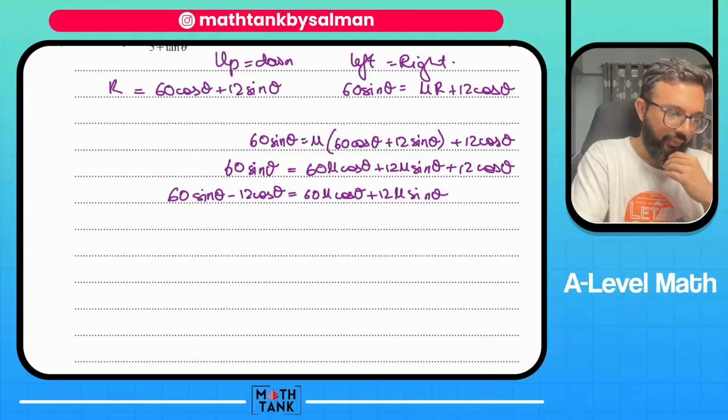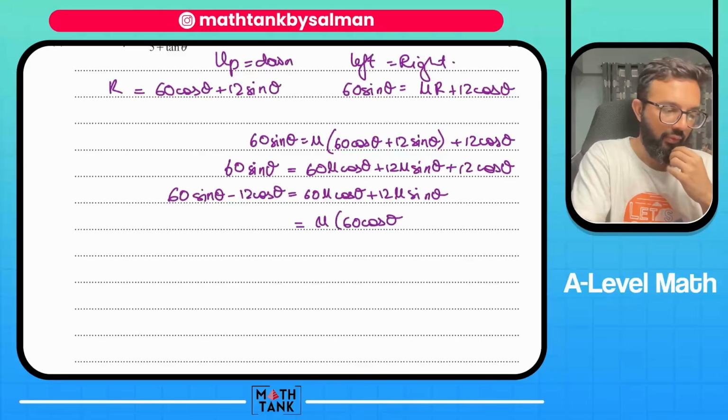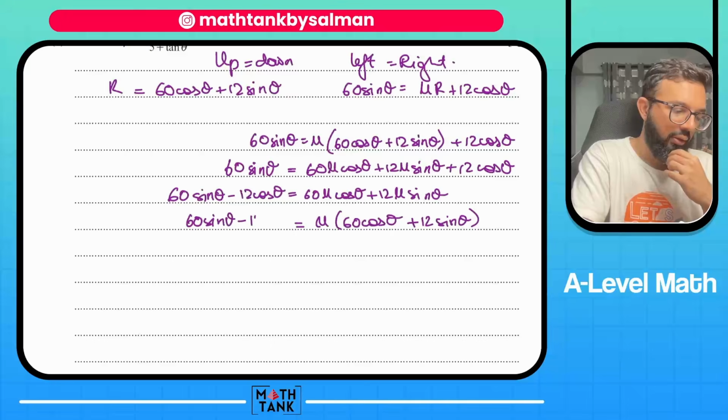So I can factor out a mu from here. So mu equals 60 sin theta minus 12 cos theta over 60 cos theta plus 12 sin theta.